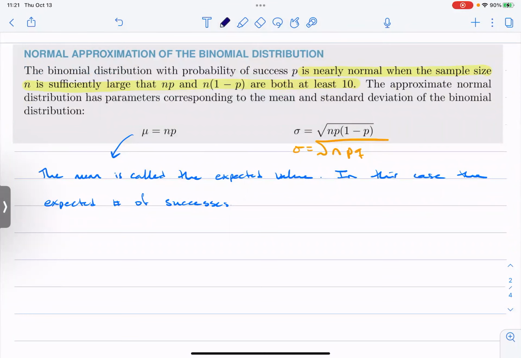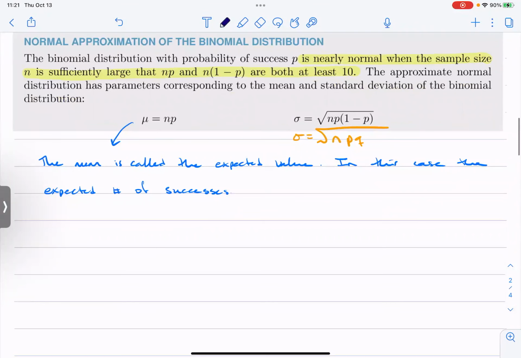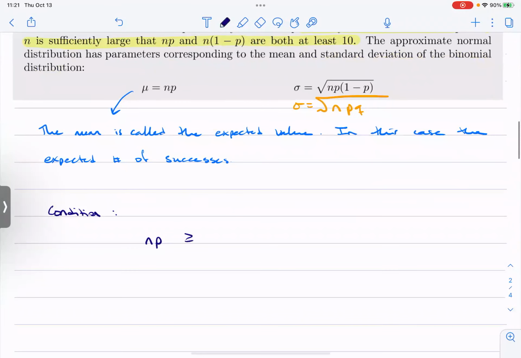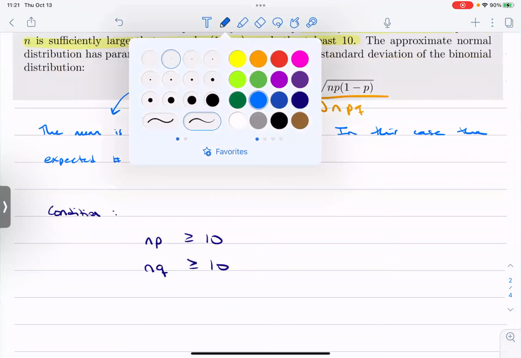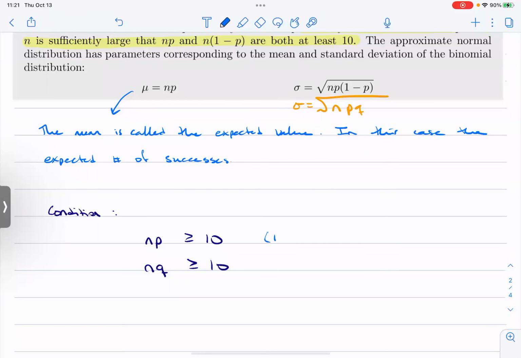And so the condition is that n times p has to be greater than or equal to 10, and n times q has to be greater than or equal to 10. This is the expected number of successes and this is the expected number of failures.